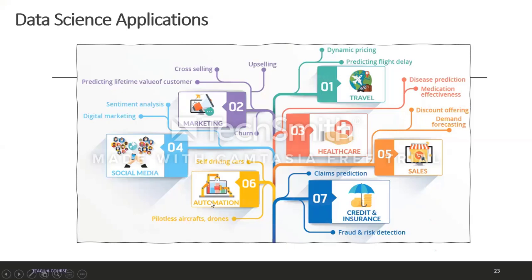The automation space: self-driving cars and pilotless aircraft. Fraud and risk reduction, credit and insurance claim prediction, healthcare we have discussed, and sales: offering discounts and demand forecasting. The names themselves give a clear indication of what exactly the application will do, right?